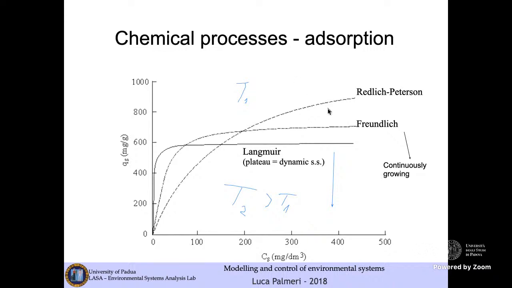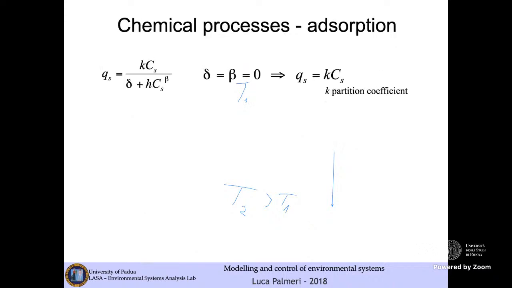So this is a multi-layer adsorption process. Once the first layer of the surface of the adsorbent particle is covered, then more particles will stick to subsequent layers. While if you have a single layer adsorption process, you will employ the Langmuir isotherm, which reaches a plateau, a dynamic steady state in which you have finished the adsorption capacity of the particulate.